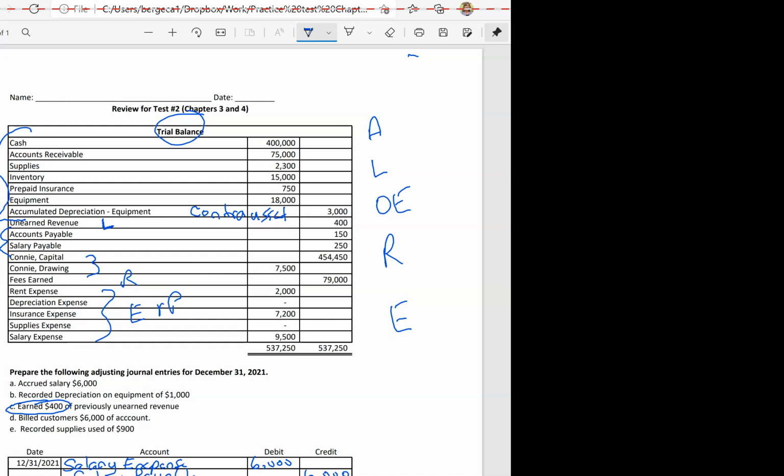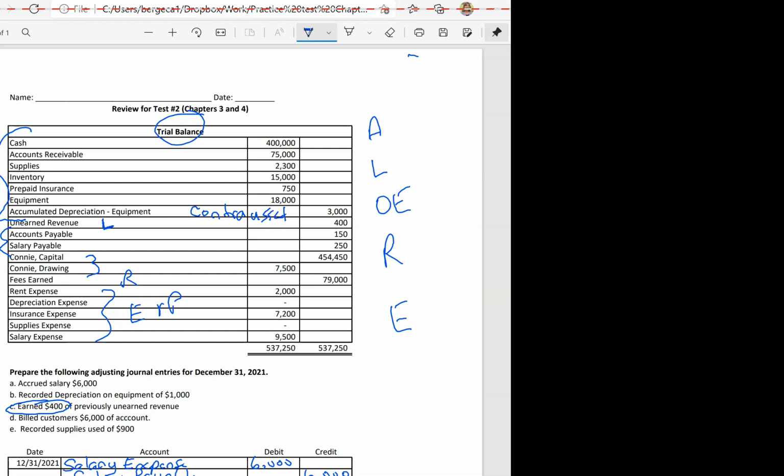All right, because once you bill them, that means you've done the work. So we're going to credit fees earned. But you're billing them because you haven't gotten the cash yet. So the account that we use when they owe us is accounts receivable. All right, so accounts receivable is an asset. Assets are over here with a debit balance. So to make it go up, because they now owe you more of a balance, we'll debit that for $6,000.